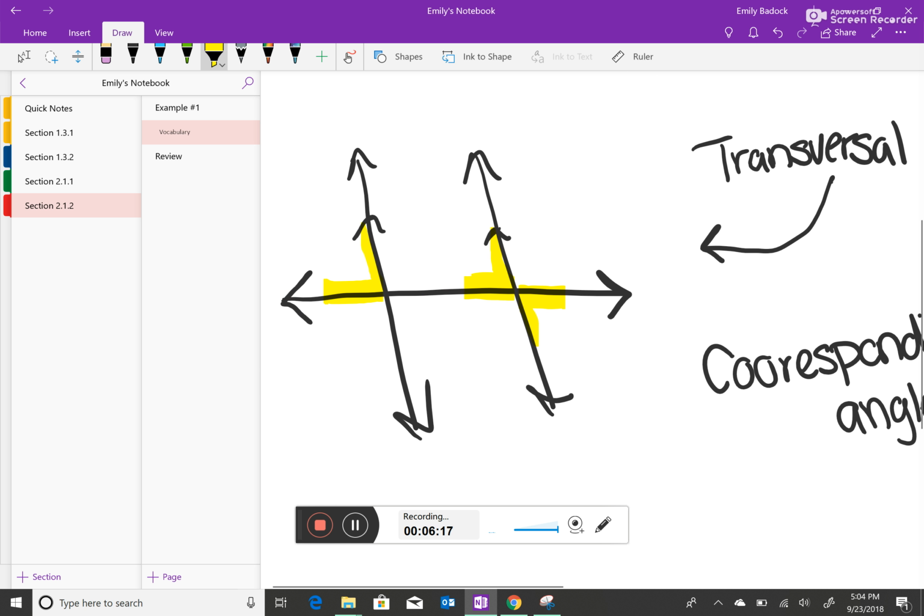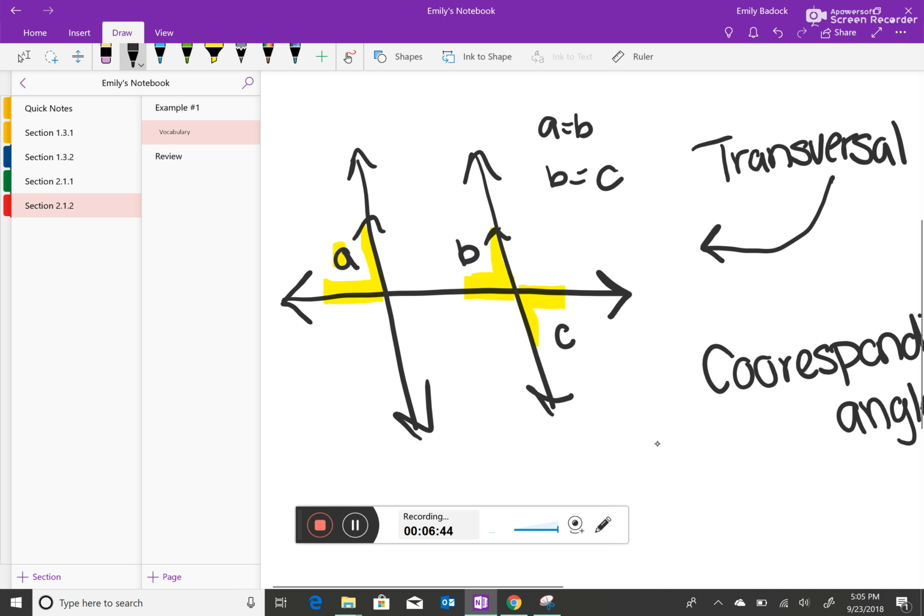If this angle right here, let's call this angle A, is equal to angle B because of corresponding angles, and B is equal to C because of vertex angles. Wait, did I say that right? A is equal to B because of corresponding angles, and B is equal to C because of vertex angles.